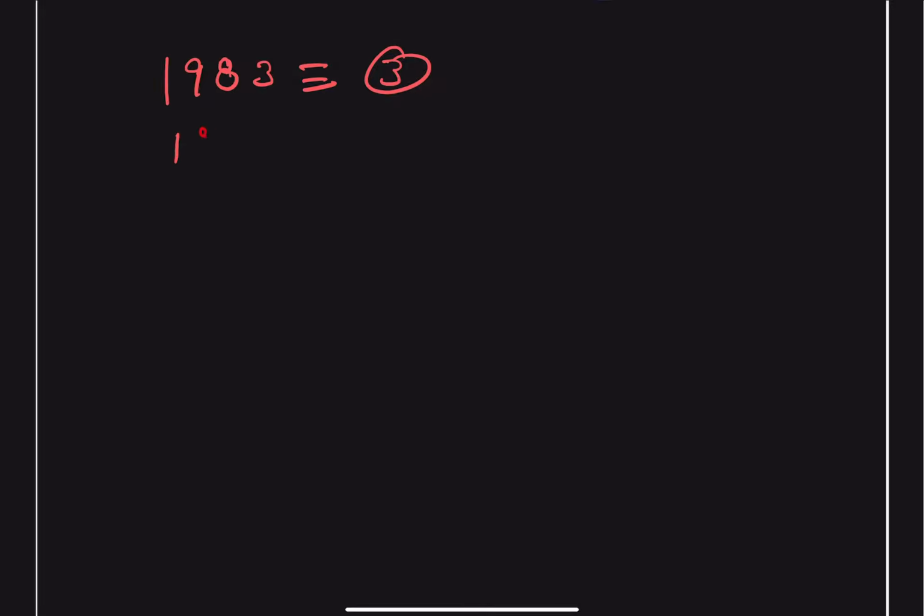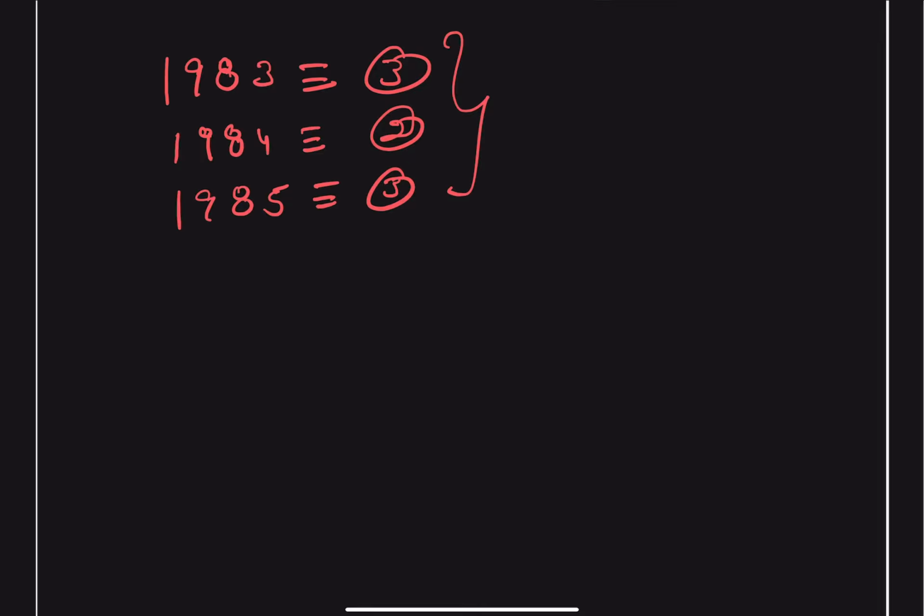Then from 1984 we have two questions, and finally from the year 1985 we also have three questions. So in totality we have 8 questions.